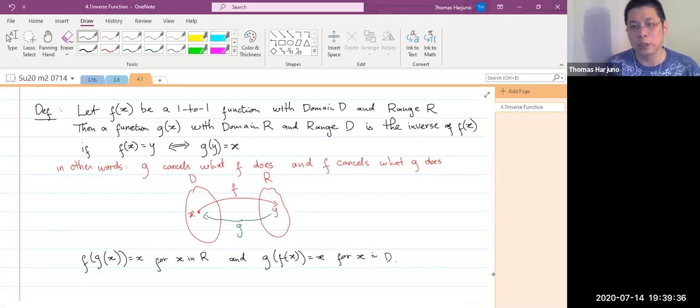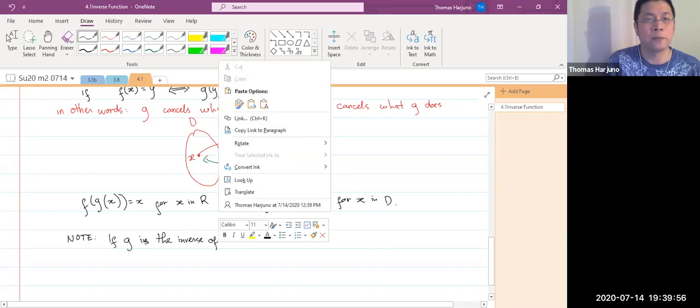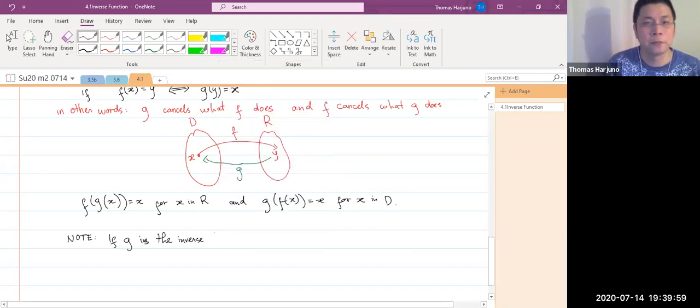And we denote, in this case, note, if g is the inverse function of f, then g is also denoted by f inverse.